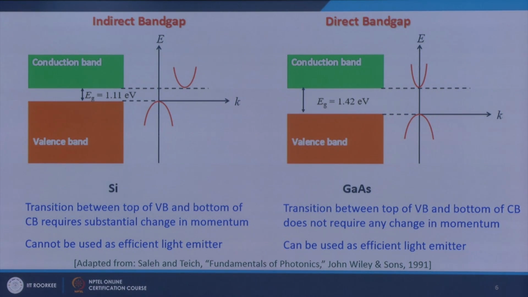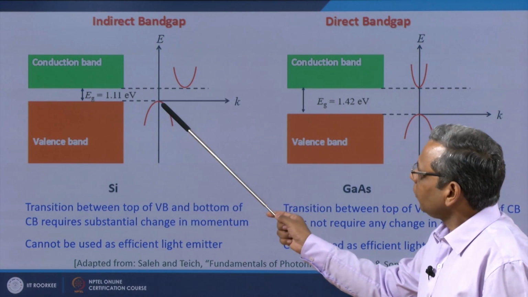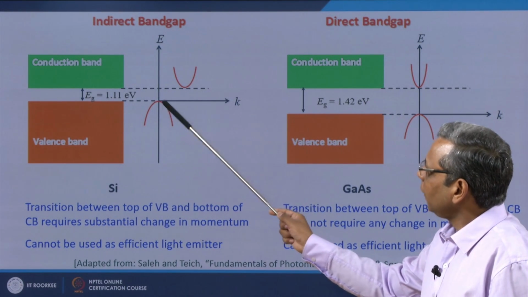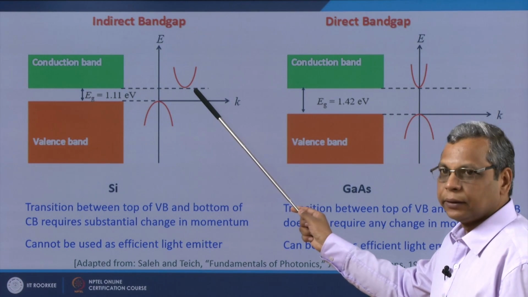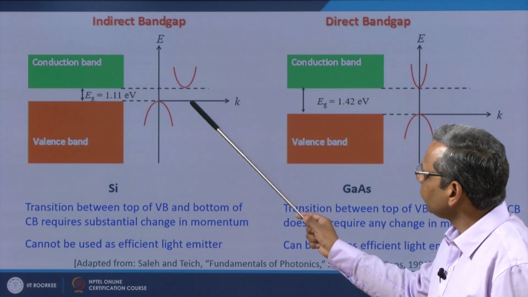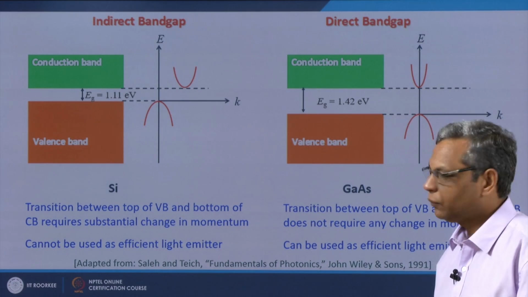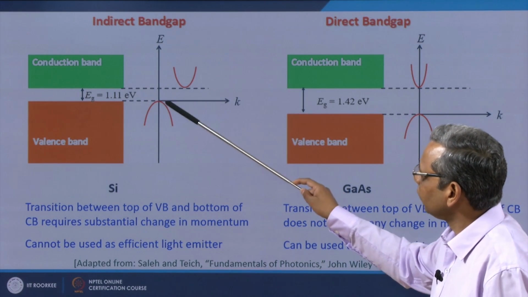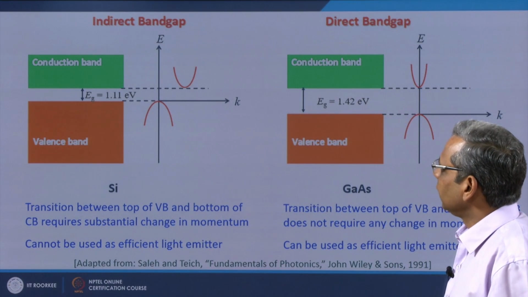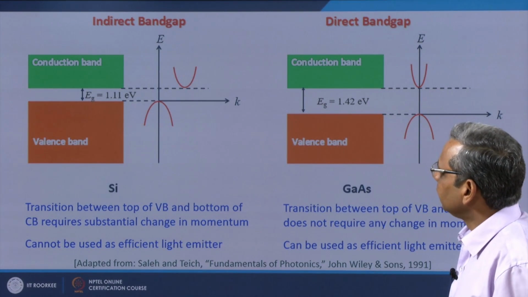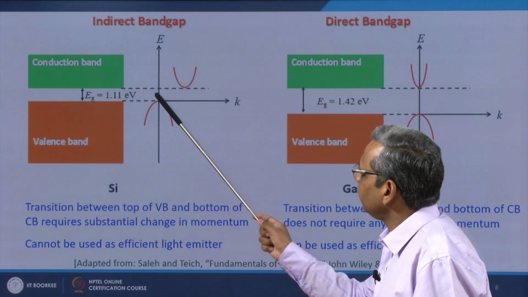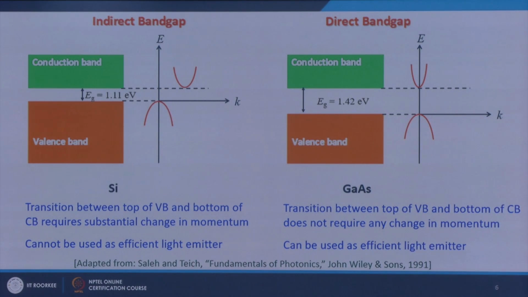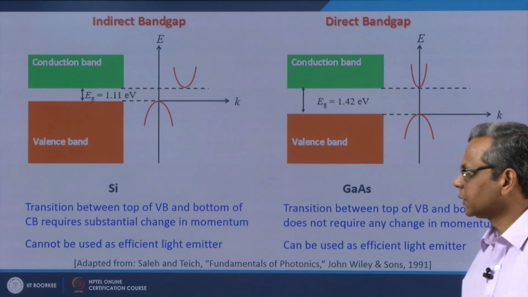If the top of valence band and bottom of conduction band have different k vectors, different values of k, that is, this one is not on top of this in line, then this kind of semiconductor is known as indirect band gap semiconductor. Silicon is an example of this.